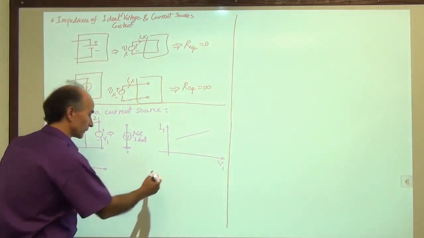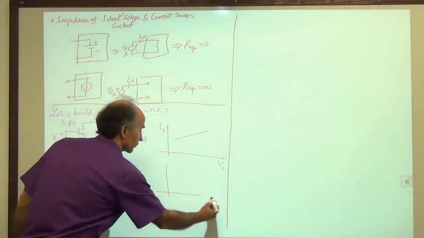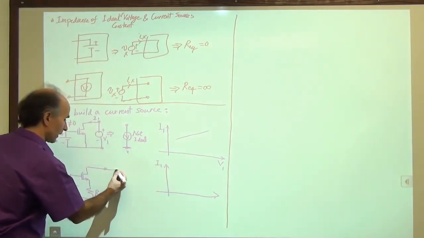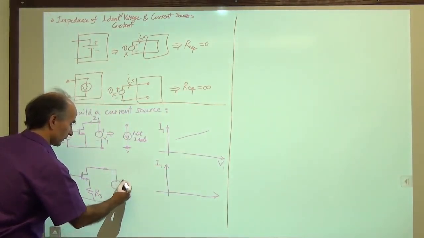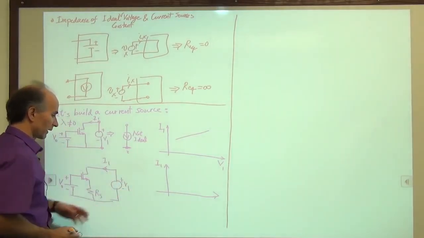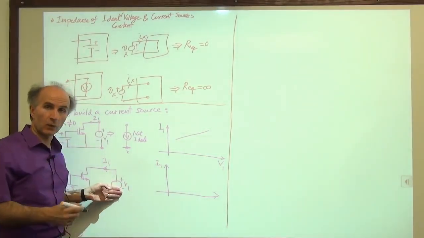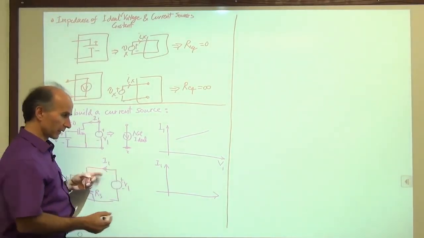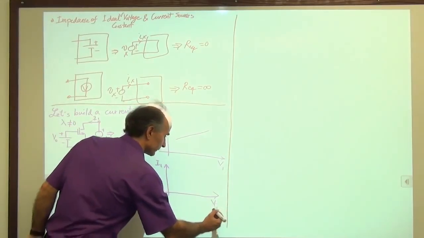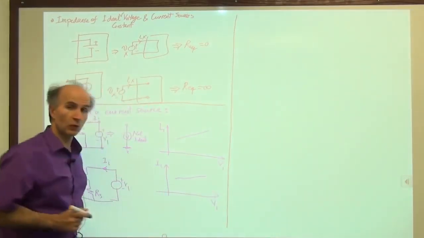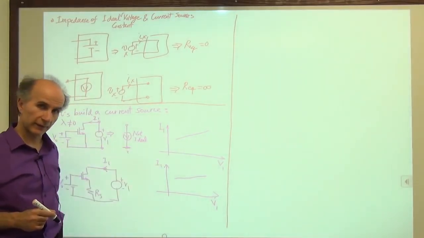So that's my hope. We'll have to see if that's true. So again, if I apply a voltage source here, V1, and I vary this voltage, let's say, from 1 volt to 2 volts, or 1 volt to 3 volts, and I plot this current as a function of V1, then I'm hoping that this will be more constant than the previous circuit.